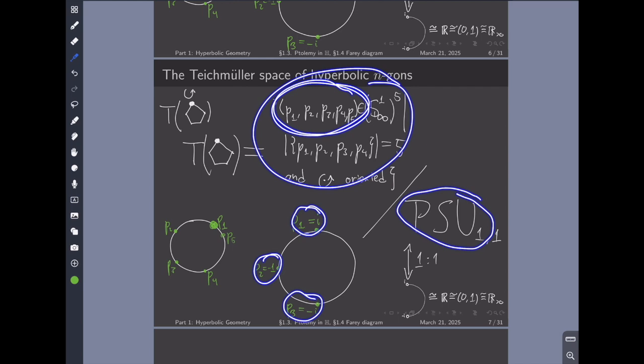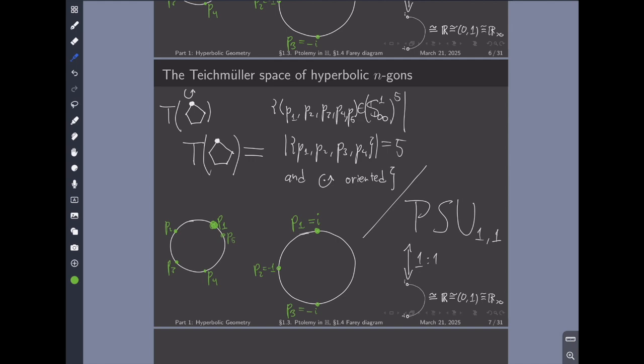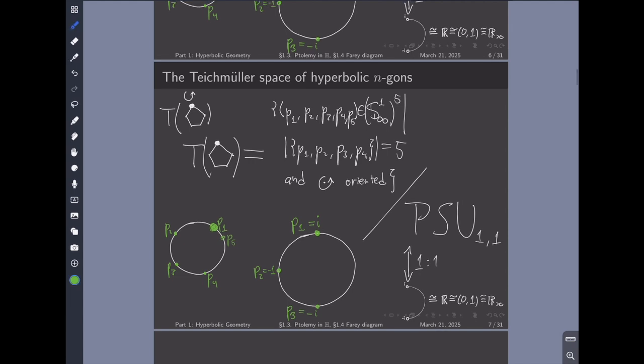Freedom in the sense that it can be any point here, but not freedom in the sense that I can set it to be whatever I want, modulo the action of PSU(1,1). So for the fourth one, I have the 1 degree of freedom. And once the fourth one is chosen, I always have for the fifth one also an interval, another real free parameter.